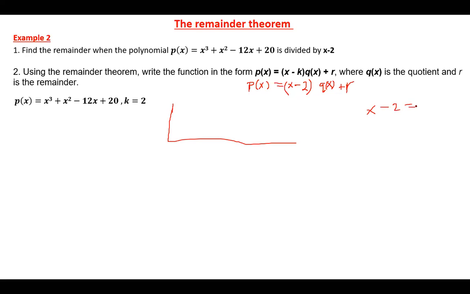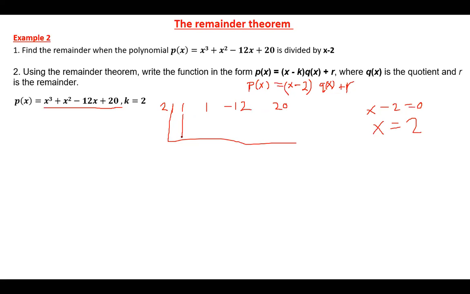We equate this to 0, and then x is equal to 2. So we put 2 here, and then we put the coefficients of the given polynomial: 1, another 1, negative 12, and then 20.